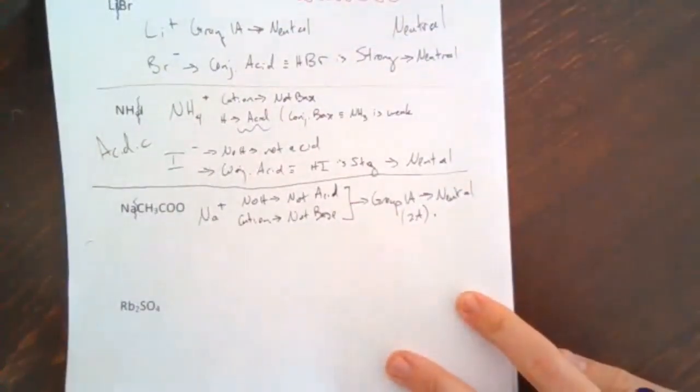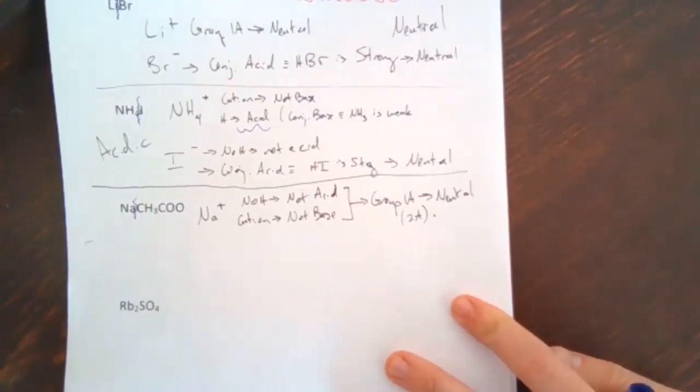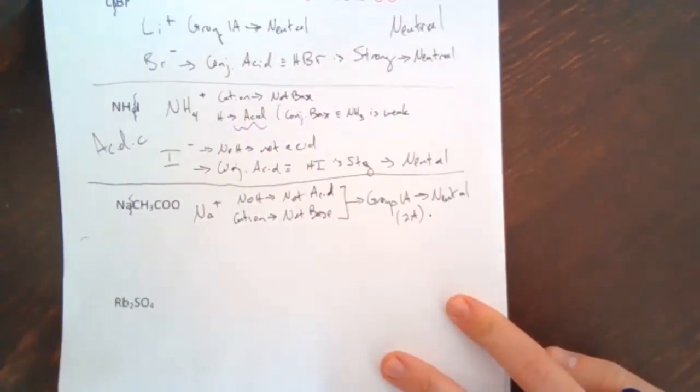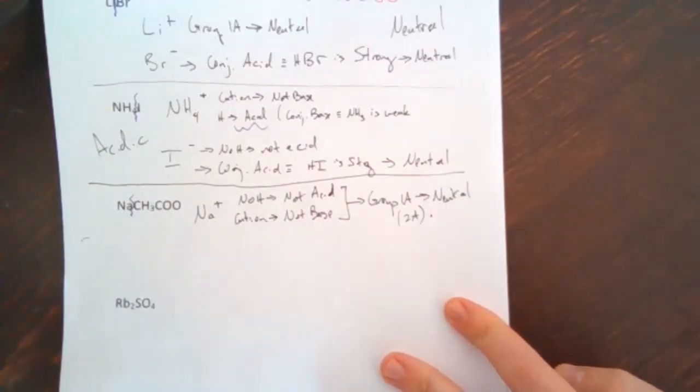Any cations from group 1A or 2A on the periodic table, your potassiums, sodiums, magnesiums, calciums, are all going to be neutral. And again, that's why we use those frequently in the lab. When you want to just dissolve a salt into solution, you just dissolve sodium and it won't affect the pH of your solution. It just functions as a salt. You don't need to worry about it being an acid or a base.